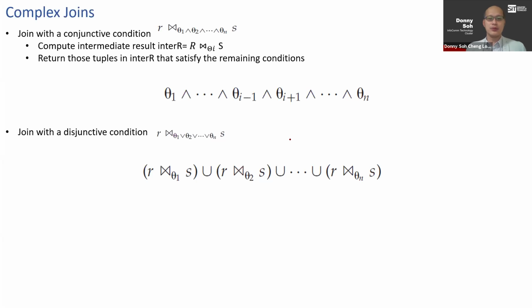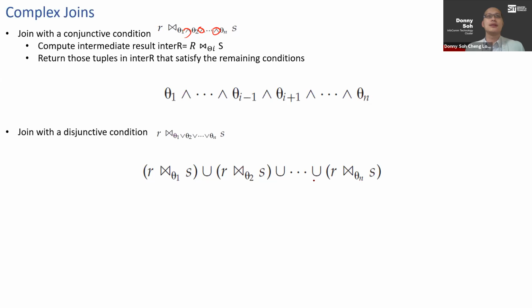In the complex join, let's say we join with a conjunctive condition, which has n conditions over here. What we can do is compute the intermediate results and return the intermediate results that satisfy the remaining conditions.